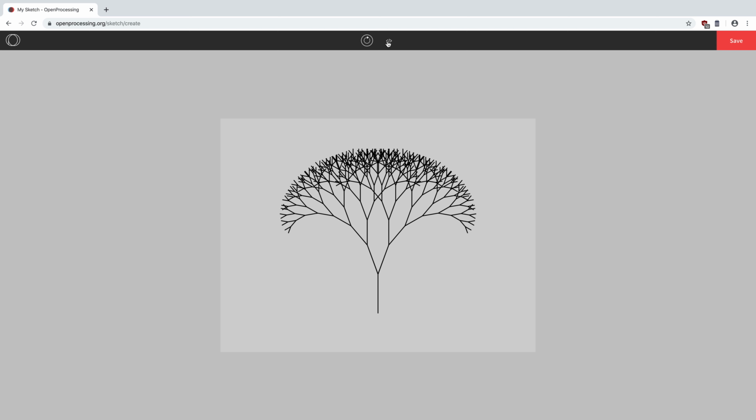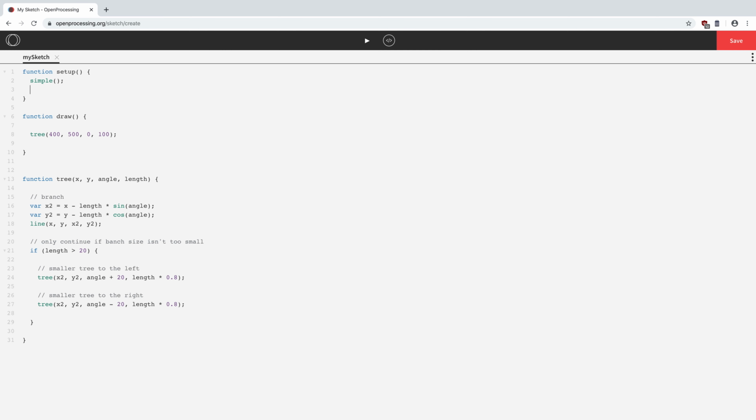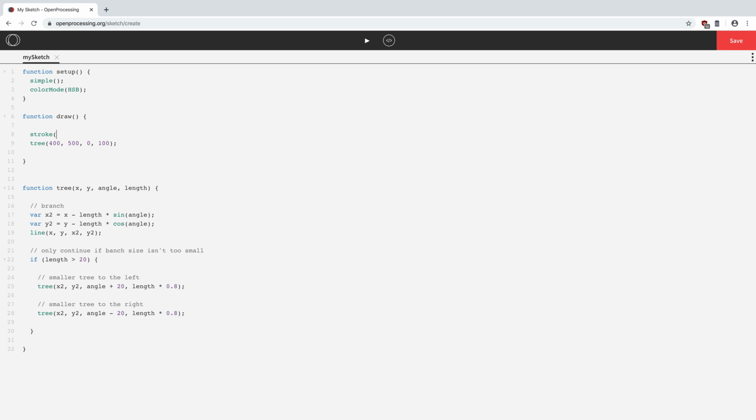Let's change the color. Let's use HSB mode. It's easier to get variations of the same color there. Color mode HSB, and let's say we're going to have stroke. Green was, I think it was 120, wasn't it, on that color wheel?